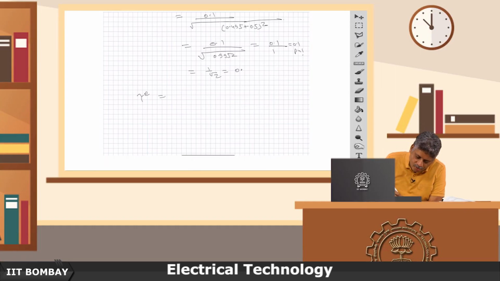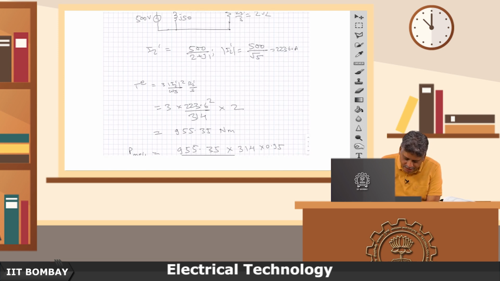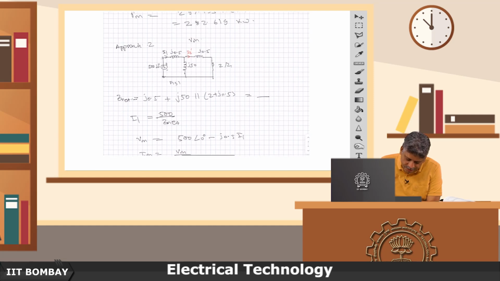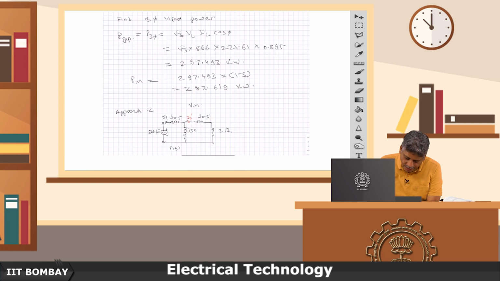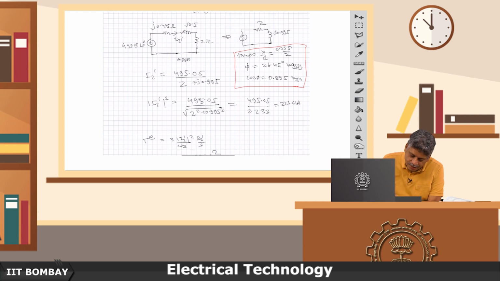Sorry, Thevenin's voltage is how much? We can use directly the formula also, but I am going to use the Thevenin's equivalent circuit, and the Thevenin's equivalent voltage is 495.05 volts.